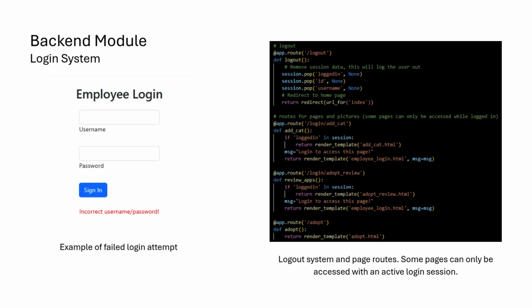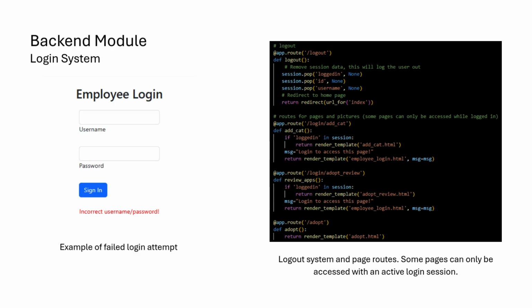Catalog also includes a login system to prevent certain pages from being accessed by unauthorized visitors. The employee login page compares the information entered by the user with the usernames and passwords stored in the database. If the login credentials are incorrect, the user will be redirected back to the login screen with an appropriate message. Once a correct username and password are entered, employees will be redirected to the dashboard, where they can then access additional pages.